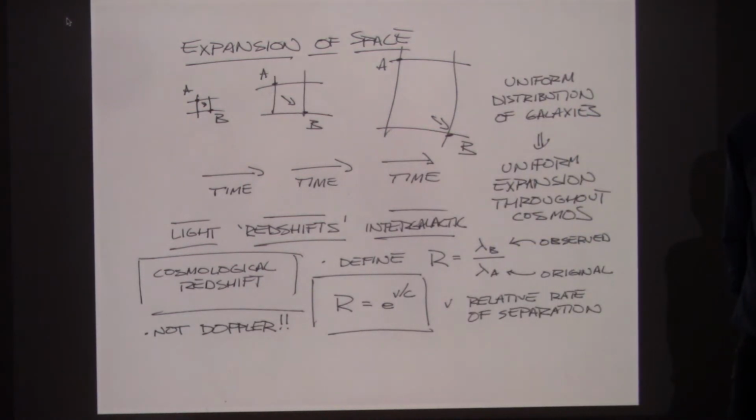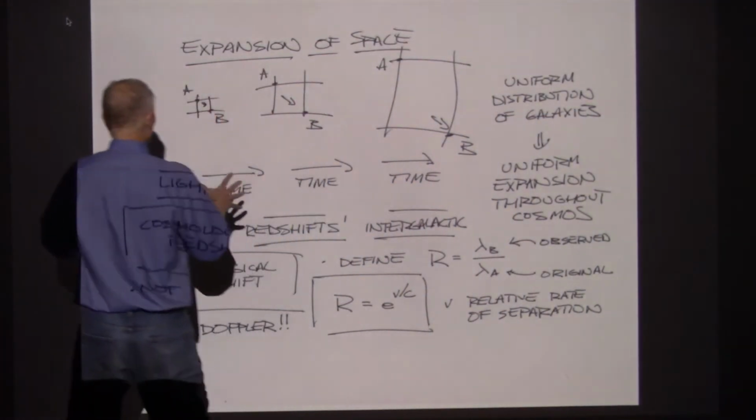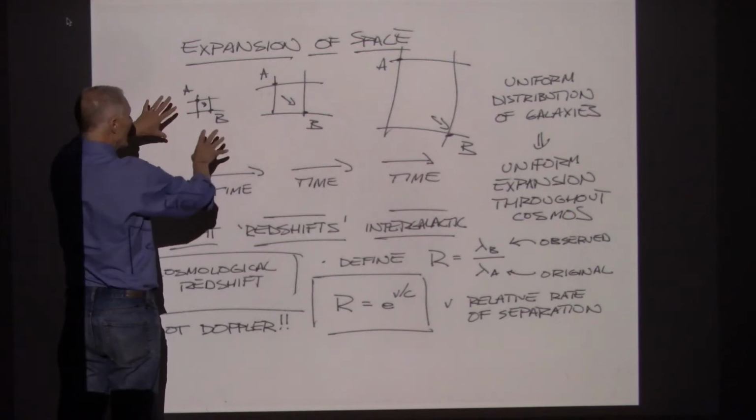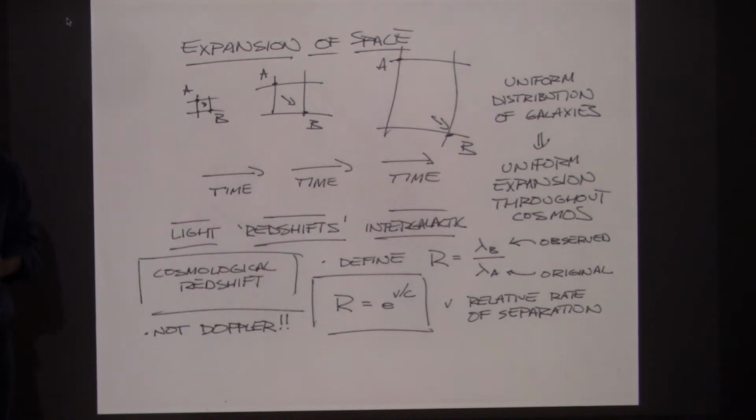It's not that galaxies are racing through space, it's that galaxies have formed at certain locations within space, and as space itself expands, the galaxies are being carried farther away from each other.